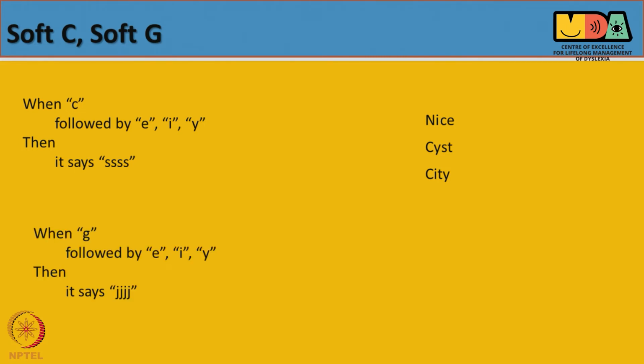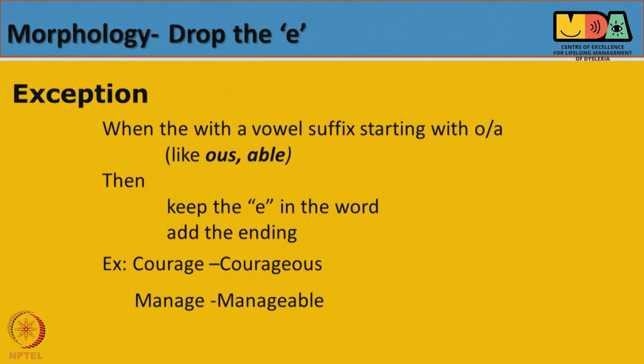Then C is saying S. Similarly, when G is followed by E, I or Y, then G says J, like in the word ginger, gentle and gym. So, you want to retain the softness of the C and the G.